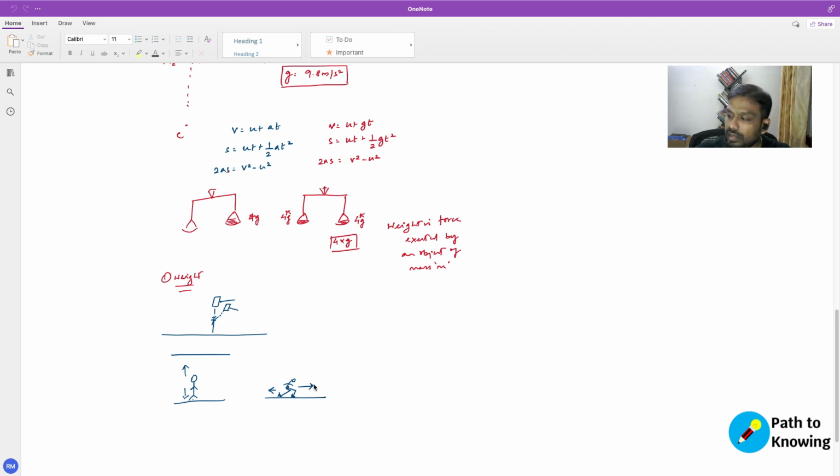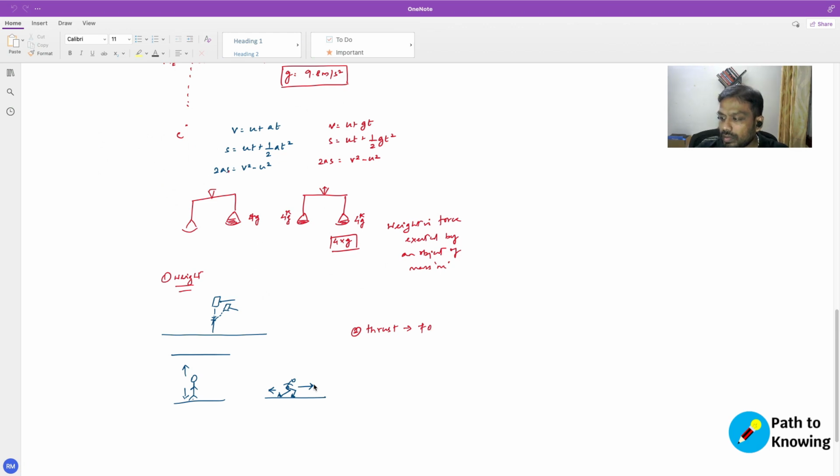So the second idea that we're going to define here is thrust, which is nothing but force, the quantity of force that is applied perpendicular to a specific surface.